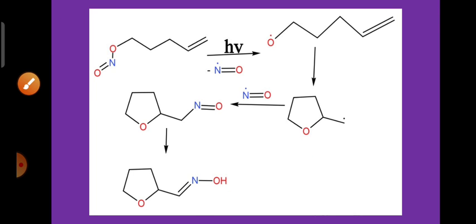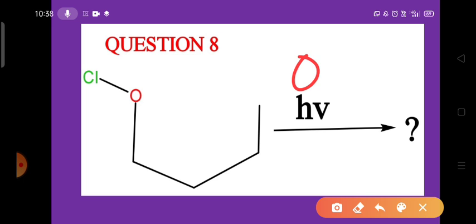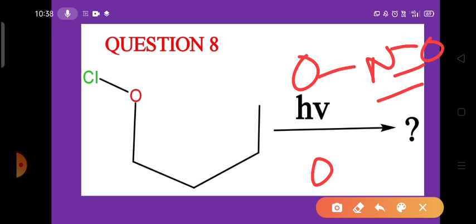Now we go for question number 8. Look here, this is a hypochlorite. So instead of the O-N-O bond, here we are having the O-Cl bond. O-Cl means nothing but an O-X bond, a bond between oxygen and halogen.